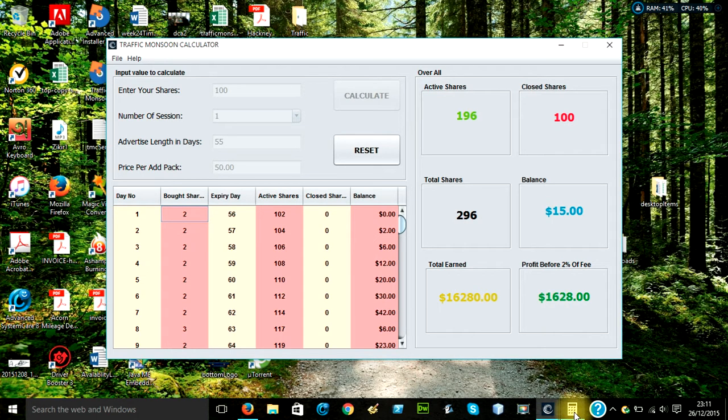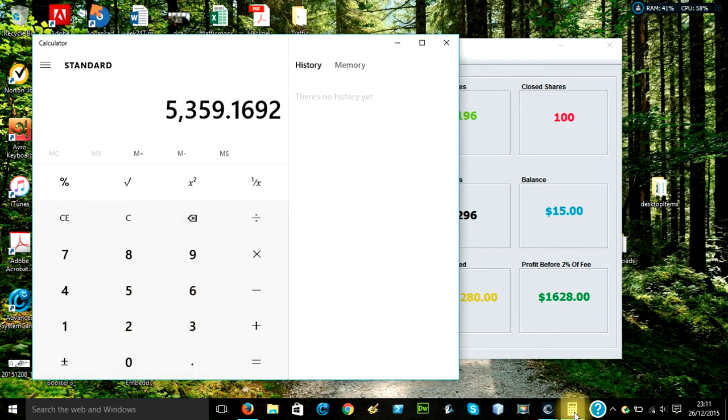If you want to calculate 2% again, clear everything and just put 1,628 times 0.02.